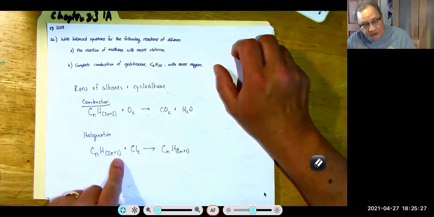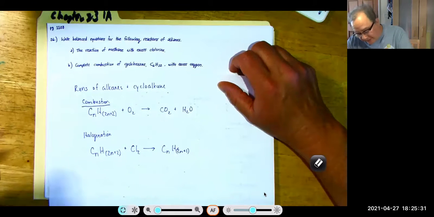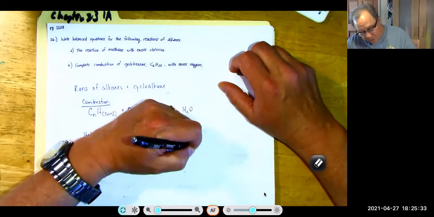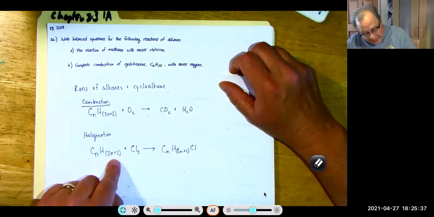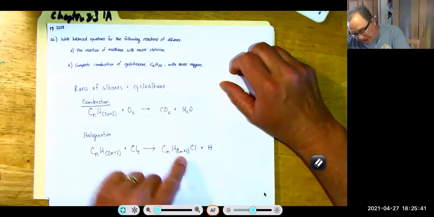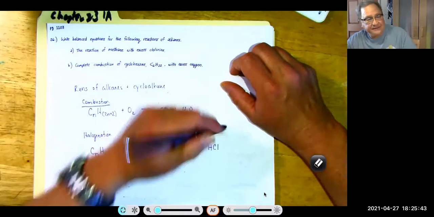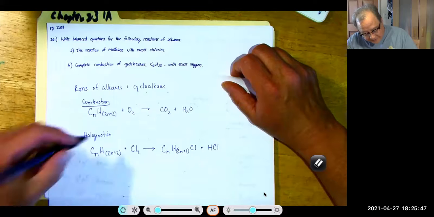So one of the hydrogens is gone. And what is in place of it is one of these halogens. So where is the hydrogen here? Well, it combines with the other halogen and makes an acid. So this is called halogenation.